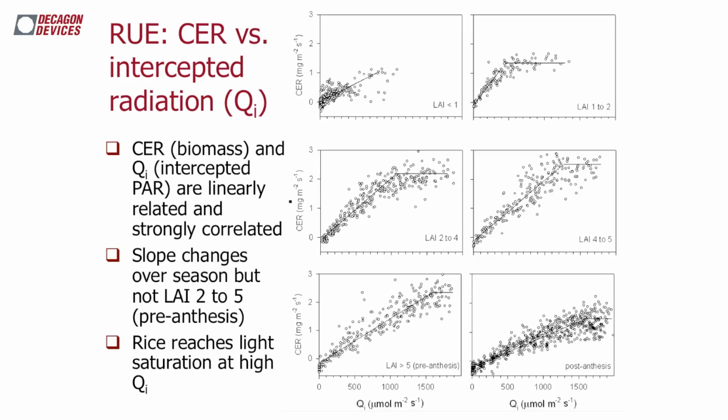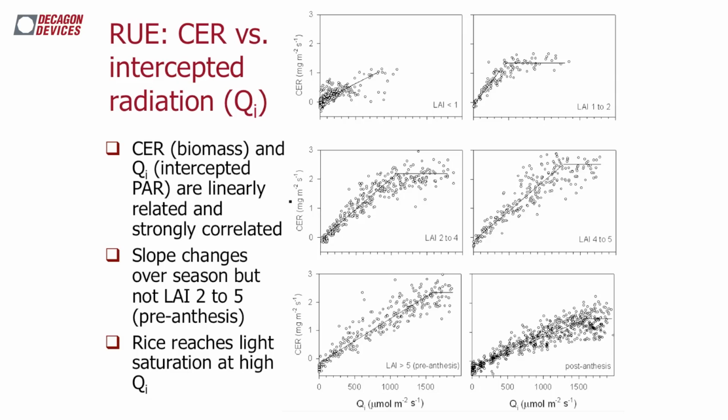Now let's look at the carbon dioxide exchange rate. Each one of these points that you see there is now not a day, but a half-hourly average. We split them up by leaf area index, and what we wanted to do was look at the slope of the line between the carbon dioxide exchange rate and the intercepted photosynthetically active radiation. That slope is our radiation use efficiency.